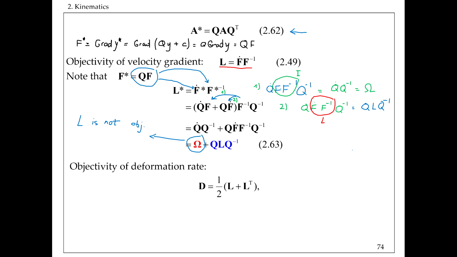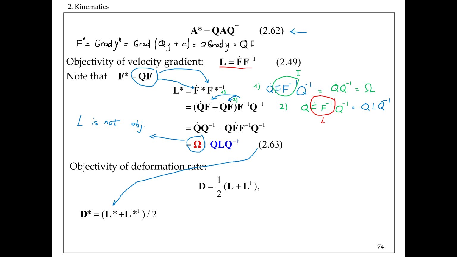So we can write that D star is nothing but half of L star plus L star transpose. L star we already wrote here, so that will be exactly what is written in 263. That will be omega plus Q L Q transpose.